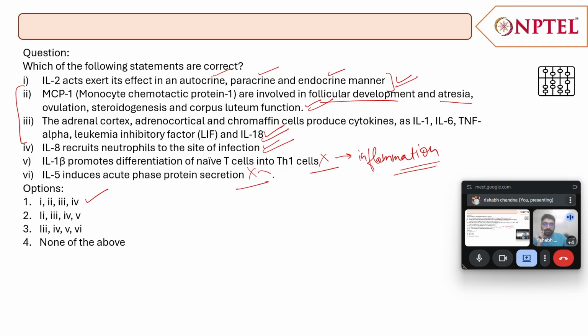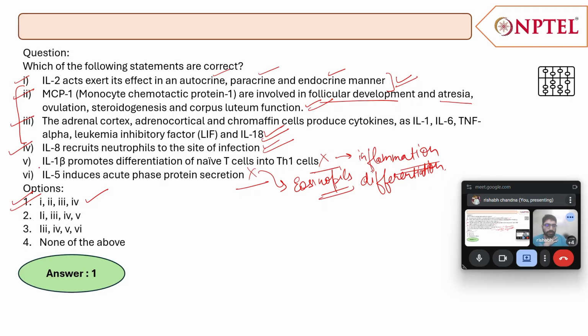So IL-5 is basically involved in eosinophil differentiation. Okay, so option 1, 2, 3, and 4 are correct. So the correct options are option number 1. Okay, so any doubts in this question?